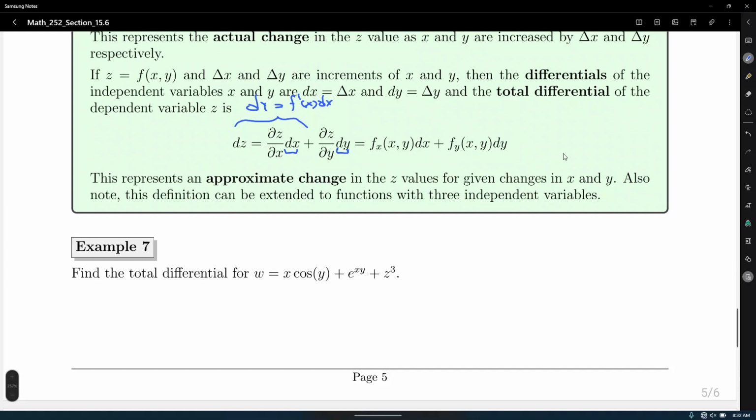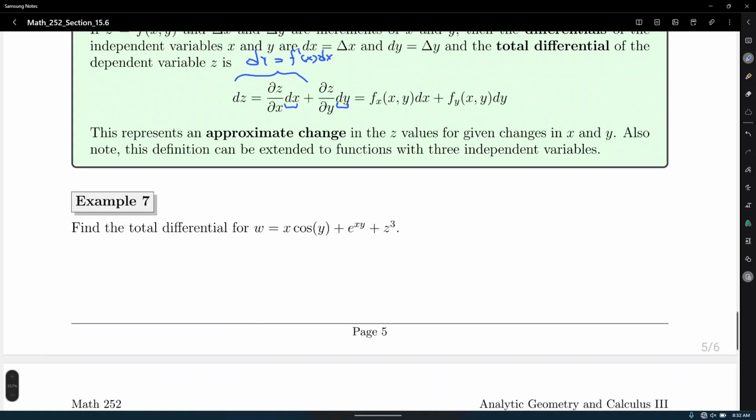So the differential of the function w that depends in this case on three variables x, y, and z. So what do we need here? In this case, dw. So w changes. We're looking at the total differential, not just at the partial change.